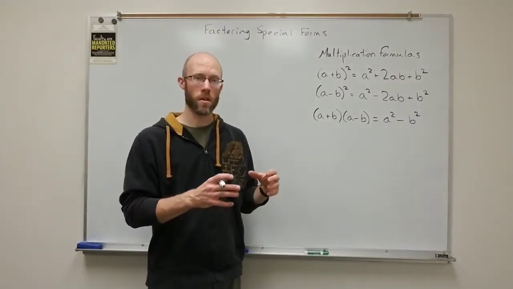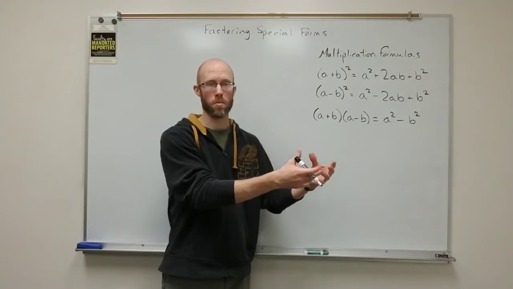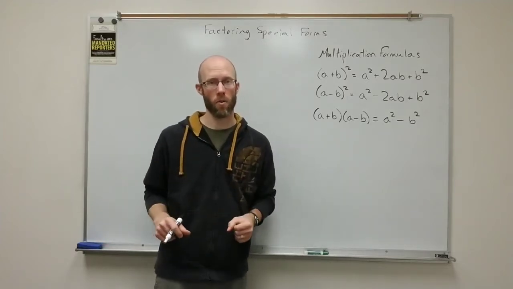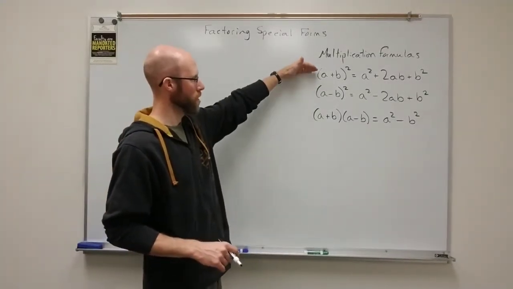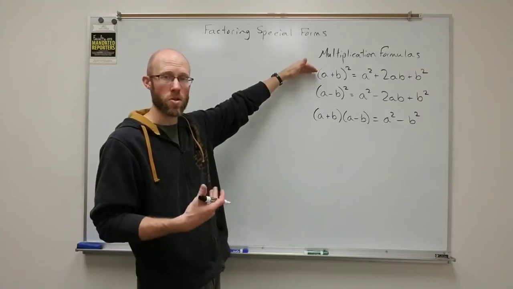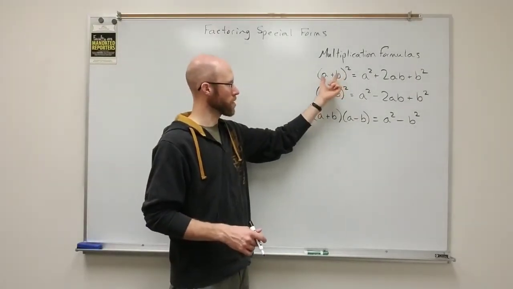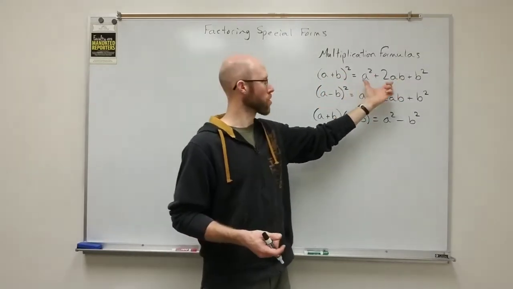Now we're going to basically use them in reverse. We're going to start with the answer, the multiplied form, and we're going to break it apart into its factored form. Okay, so let's start with this first one here, the sum squared. When we were multiplying, I called it a sum squared, but now when we're factoring, we're looking at the other side.